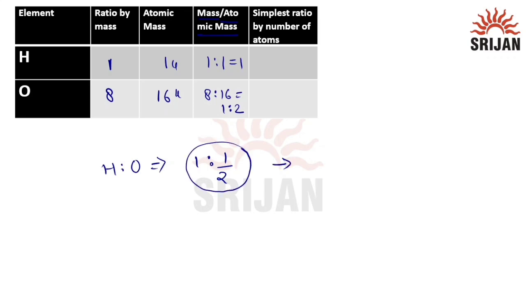To convert it into the simplest ratio by number of atoms, I will multiply by 2 because I want to remove the denominator 2. So 2 into 1, and 2 into 1/2. So I will get 2:1.